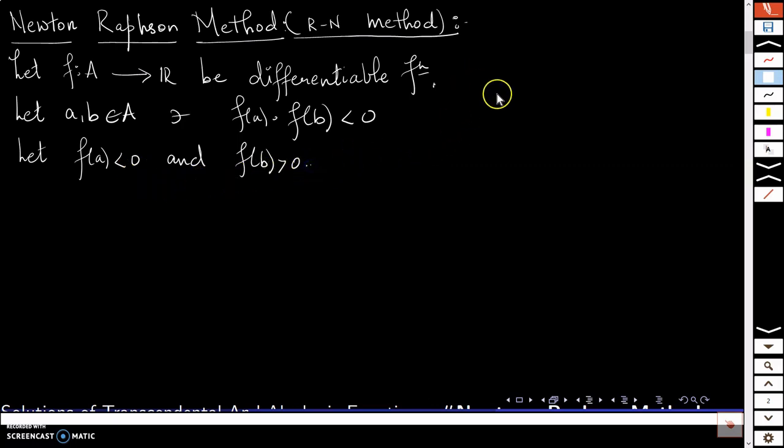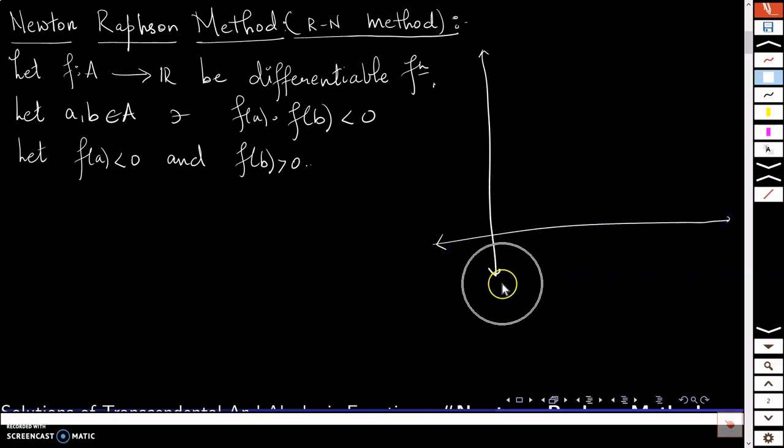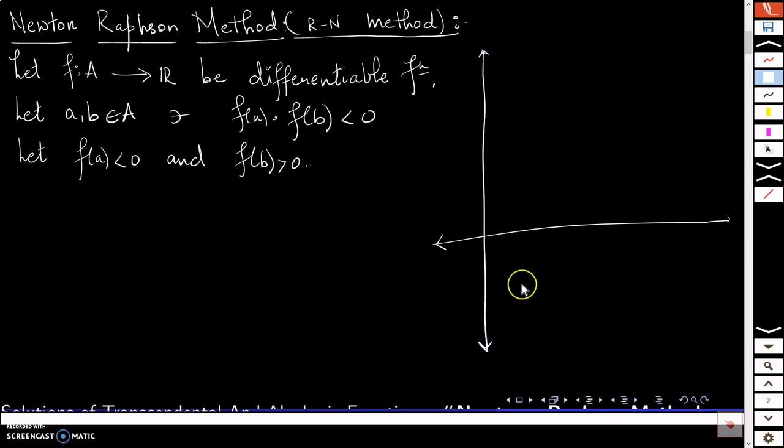All right. So let me draw this function in the xy plane, just a rough sketch. Supposing this is the x-axis and this is the y-axis, and supposing point a lies somewhere here and point b lies somewhere here. So I'll have a function.